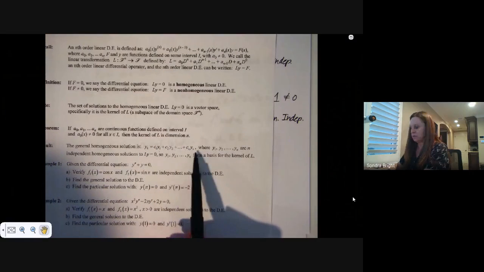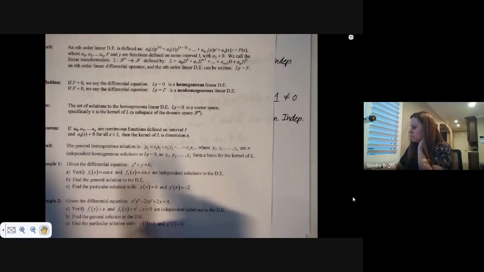The general homogeneous solution is just a linear combination of your functions, where these are n independent homogeneous solutions.